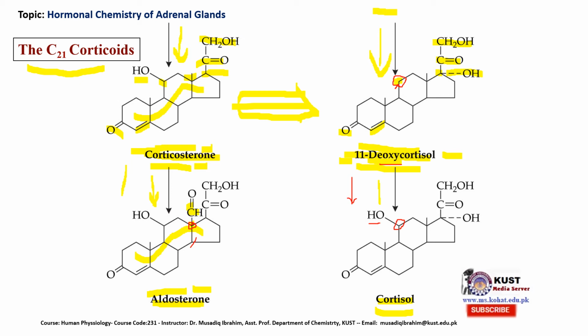So only because of the presence of the hydroxyl group this hormone becomes cortisol, and that's why 11-deoxycortisol is known as 11-deoxycortisol, because at carbon number 11 there is a deoxy, or absence of a hydroxyl group.